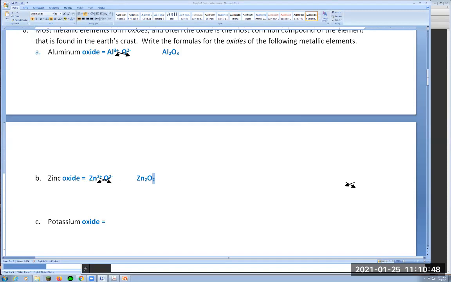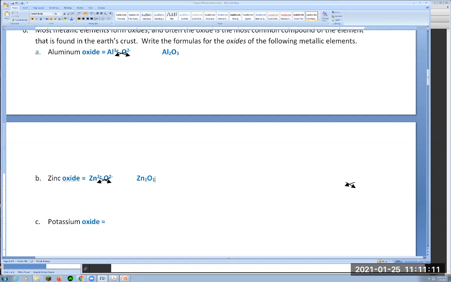The 2 from the oxygen becomes a subscript for zinc, and the 2 from the zinc becomes a subscript for oxygen. However, you always try to minimize the set of subscripts to the lowest whole number ratio, and 2 and 2 can be simplified to 1 and 1. But 1 and 1 are not written.